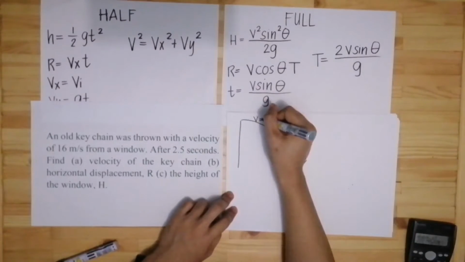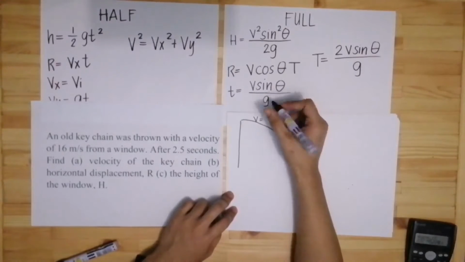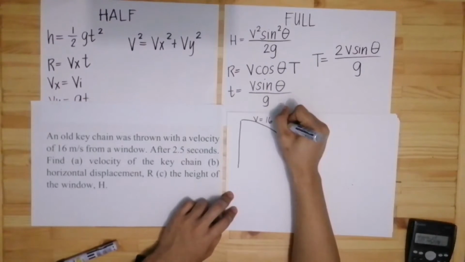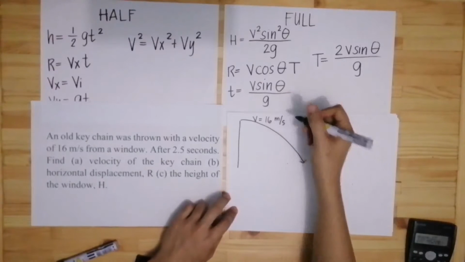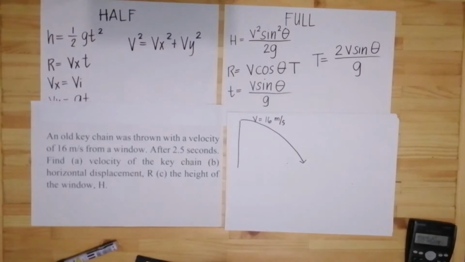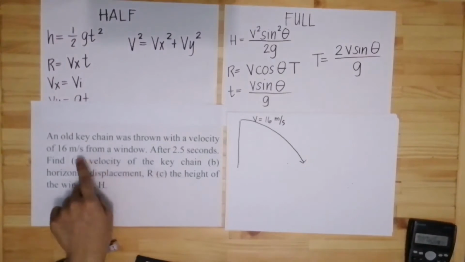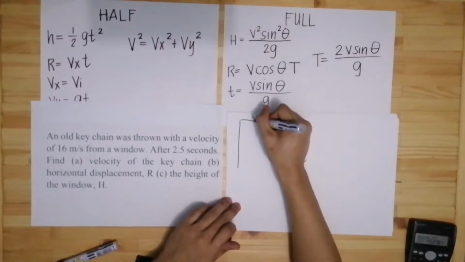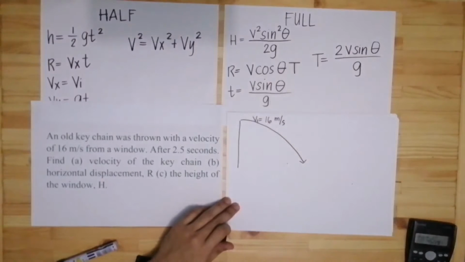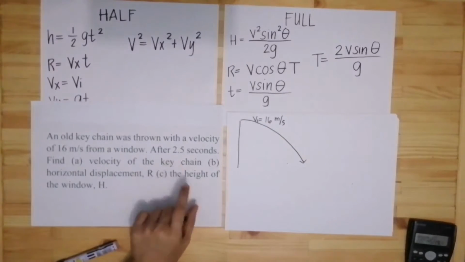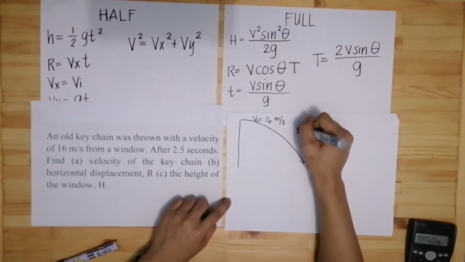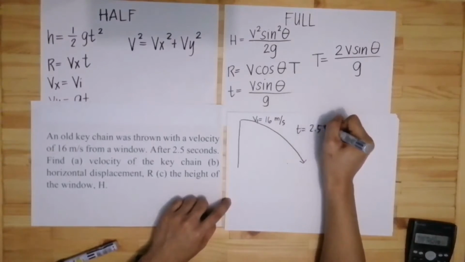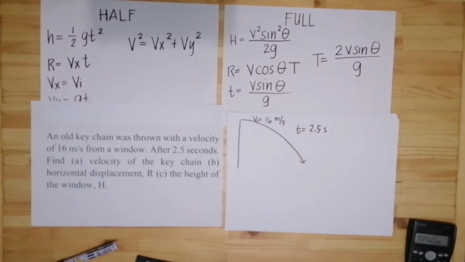V is equal to 16 meter per seconds. Then, actually, with a velocity of 16, yan ay Vi pa lang. Okay? Then 2.5 seconds, yan yung time natin. So the time is 2.5 seconds.